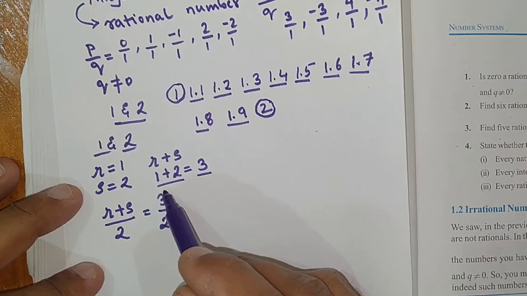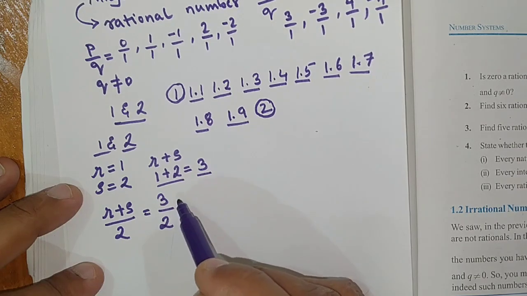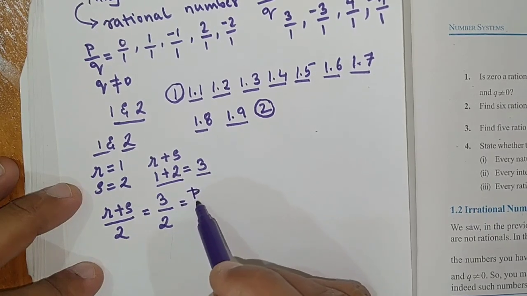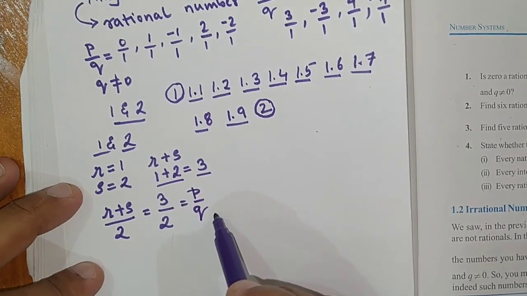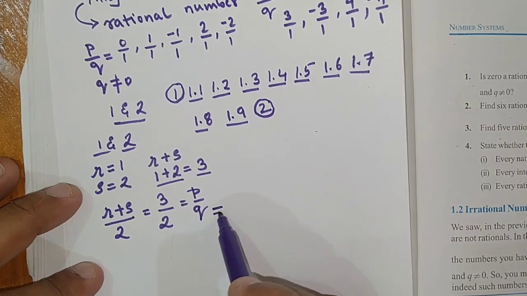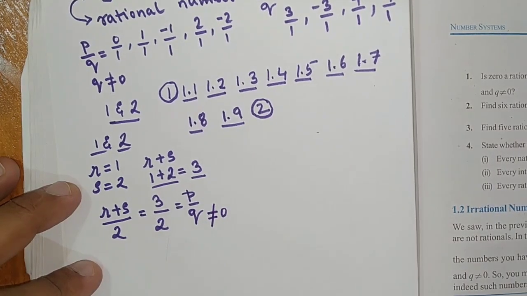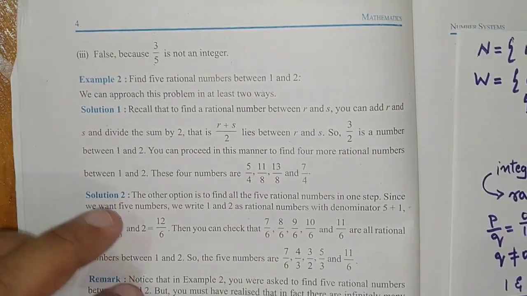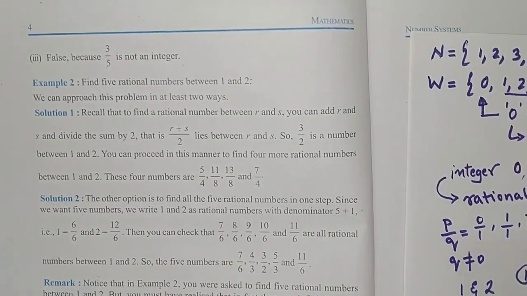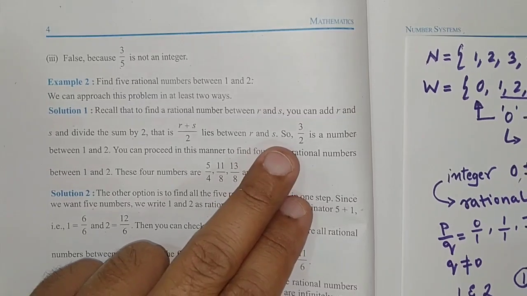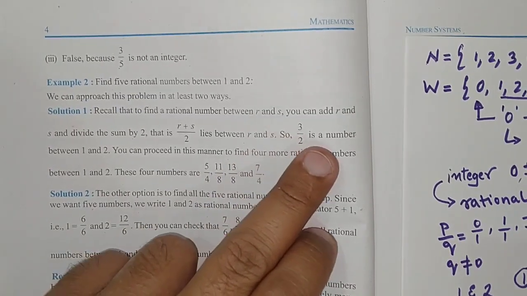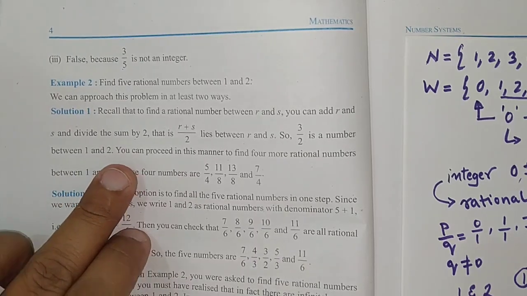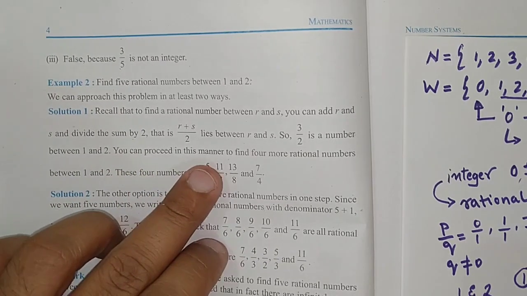So you will get a rational number, that is p by q form, q should not equal 0. So 3 by 2 is a number between 1 and 2. You can find it in this manner.